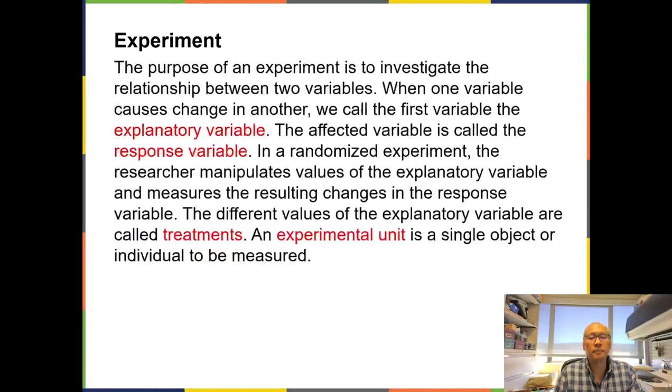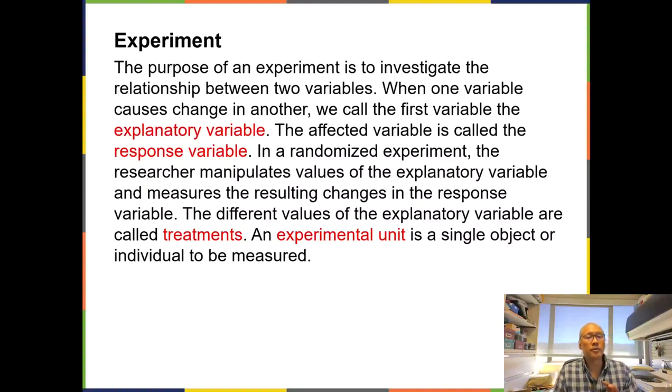In terms of an experiment, there are a few vocabulary words that will be important for us. We all know about populations versus samples and parameters versus statistics. A few more important terms would be the explanatory variable, a variable that causes a change from one variable to another.